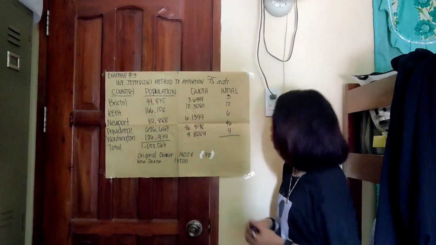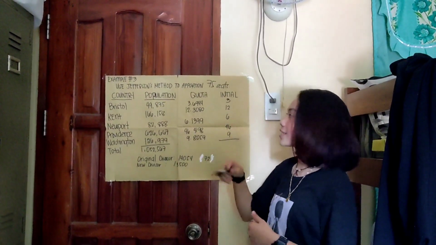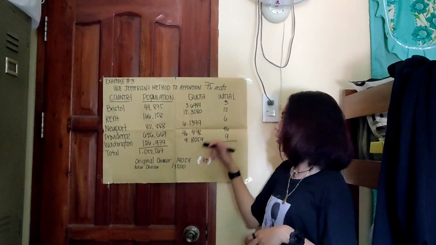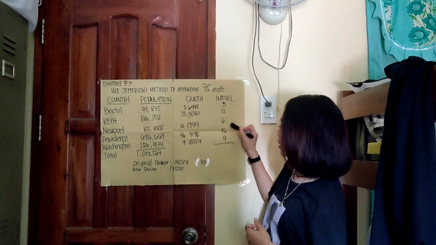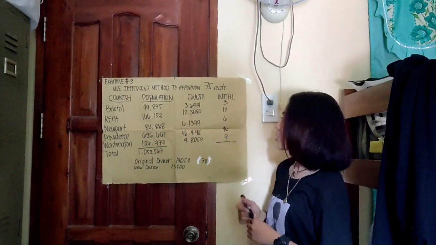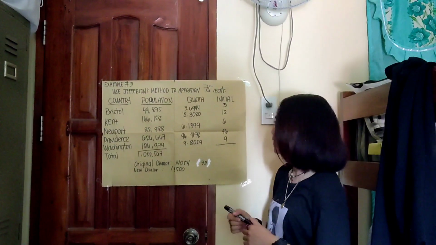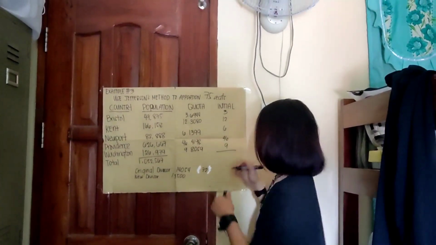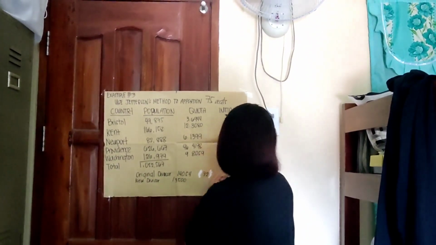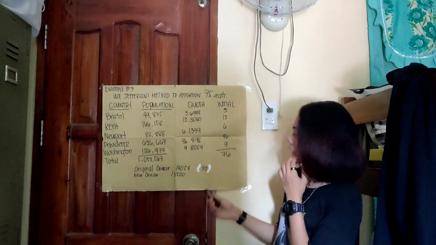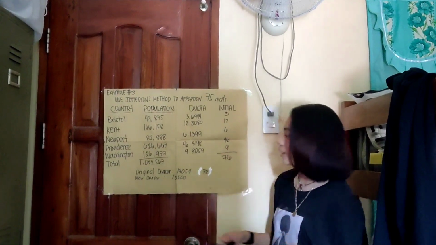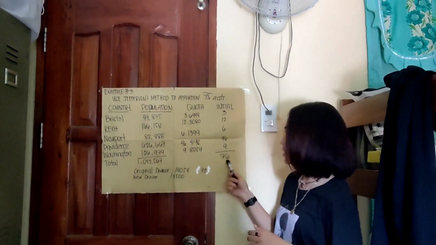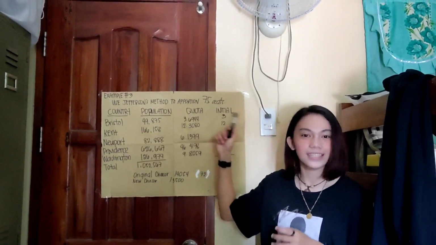To get our initial, you just copy the first digit of our quota: 3, 12, 6, 46, and 9. If we add them, we get 76. So our divisor is not 13,500, because 76 is not the same as 75 seats.